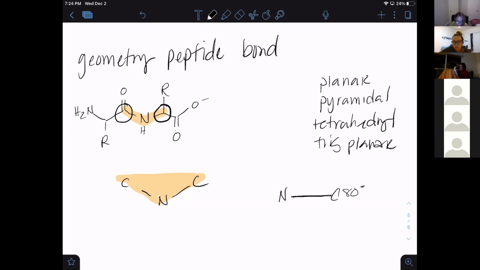In planar form, you would have 3 different things, and the difference between each is 120 degrees. Linear and planar are the same thing. We have 180 degrees. It's just one substituent that you're looking at between the bonds. So even though there are 3 here, we're still just saying the distance from here to here is 180 degrees. The distance from here to here is 180 degrees. So it would be planar.